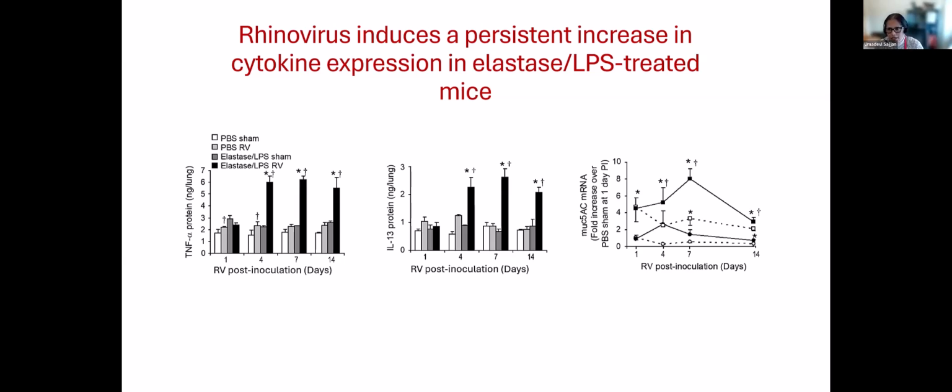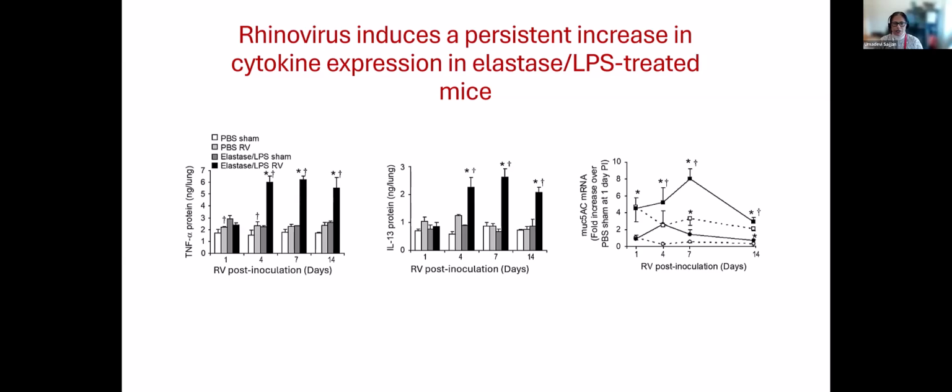I want to point out that when COPD patients were experimentally infected with rhinovirus, they produced more sputum, meaning they expressed more mucin. IL-13 stimulates mucin expression, so these mice also show a lot more mucin gene expression.